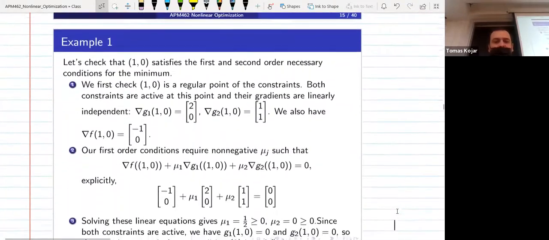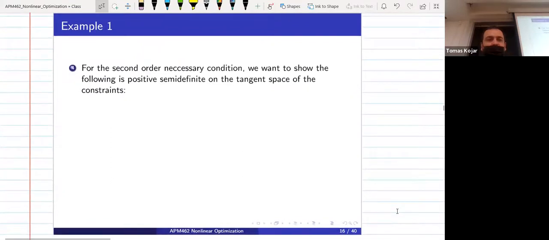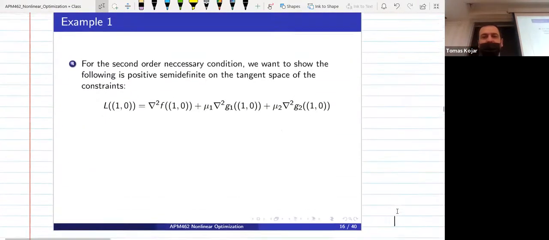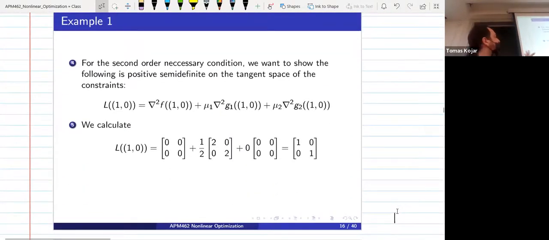Yeah, both constraints are active, blah, blah, blah. This is easy. Okay, second order. So I have to check positive definiteness on the tangent space. So this crazy set of matrices just turns out to be this. Is this positive definite? Why?